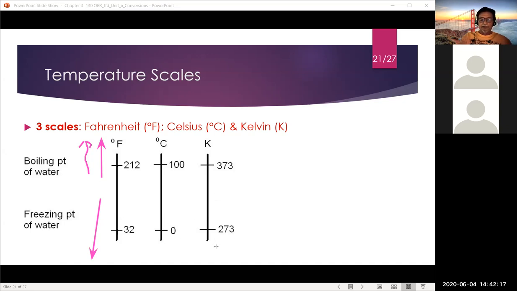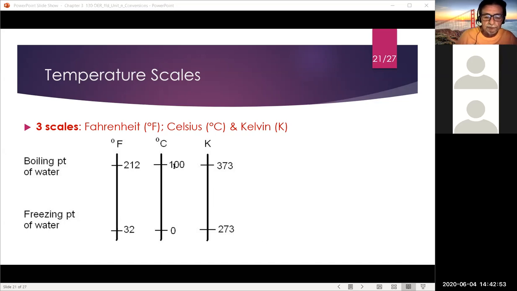Kelvin does not. Kelvin will end up with 0 down here at the bottom, 0 degrees Kelvin. That temperature is what we call absolute zero. That's when all matter stops moving. We haven't reached that stage yet. Kind of close, but we're not there yet. Now, at this particular temperature, 212 degrees Fahrenheit corresponds to 100 degrees Celsius.